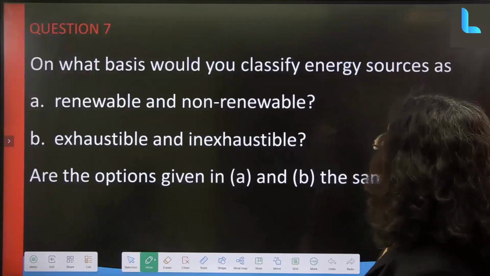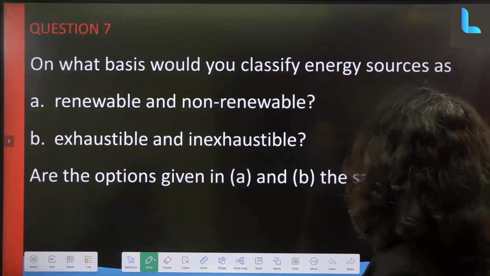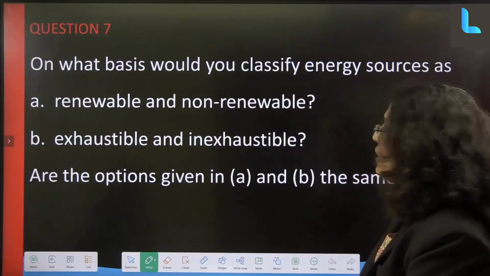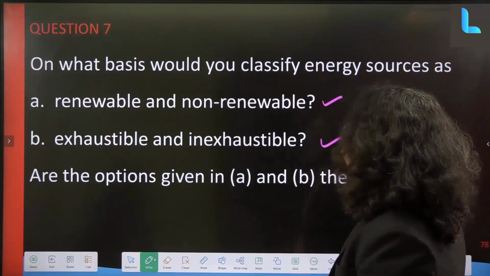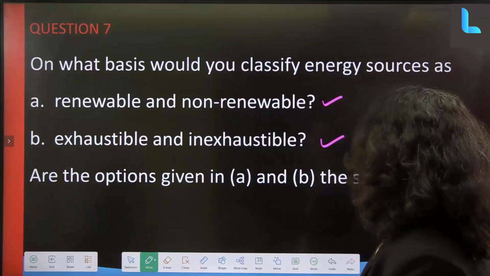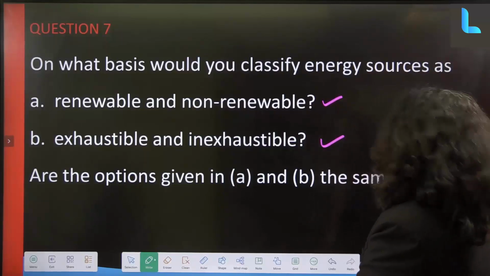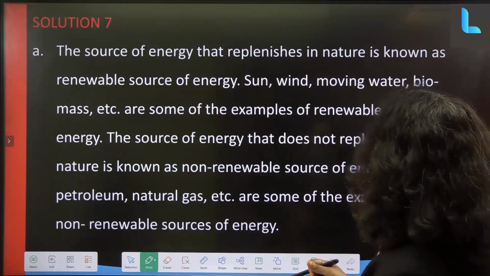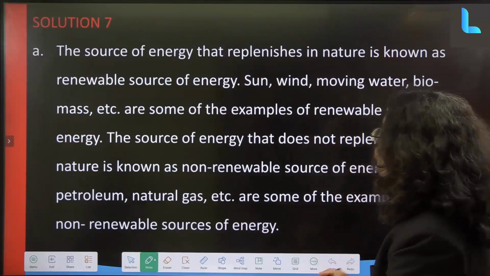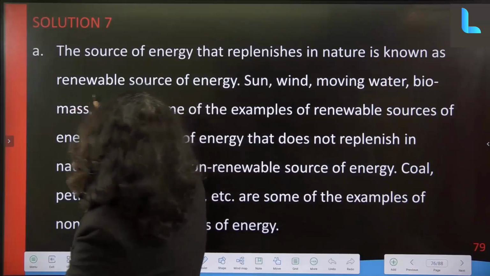Next question we will see: on what basis would you classify energy sources as renewable and non-renewable, exhaustible and inexhaustible? Are the options given in A and B the same? No, they are not the same. The sources of energy that replenish in nature are known as renewable sources.